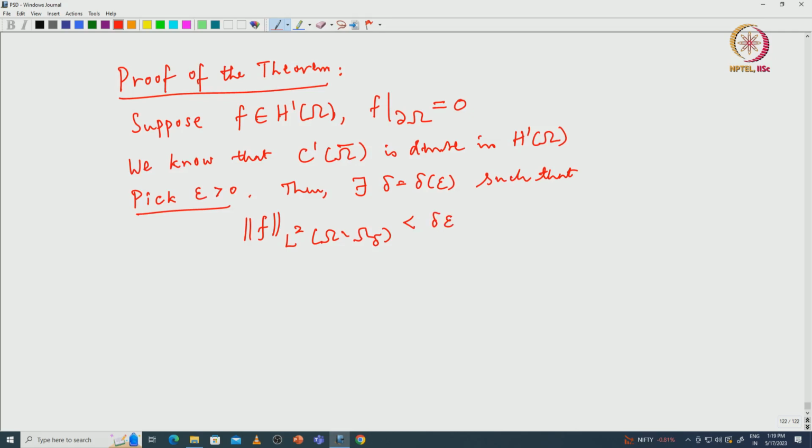This is from the lemma. And the gradient norm, you can put together, so no harm there: the H1 norm over Ω minus Ω_δ is less than epsilon. This is the absolute continuity of the integral.